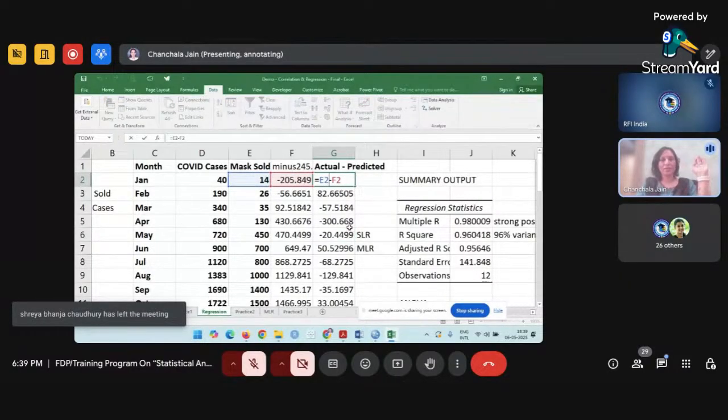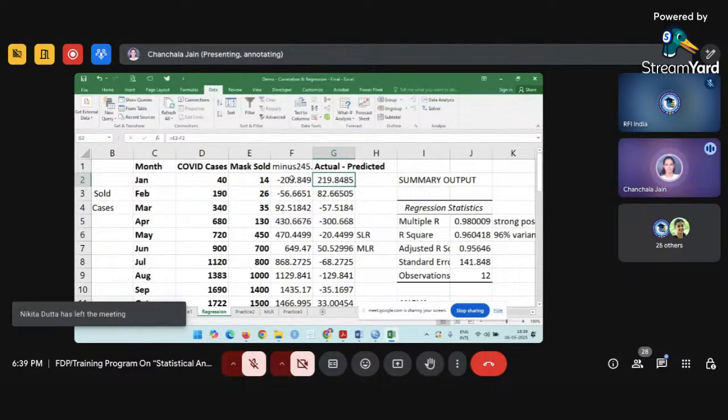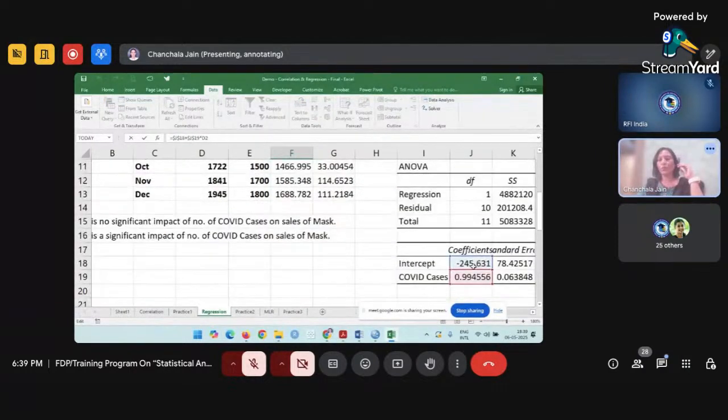Ma'am, for me some values come bizarre. Okay, like in case of your F value, can you show me? I think it is because you need to make these things absolute, right? You need to freeze them.